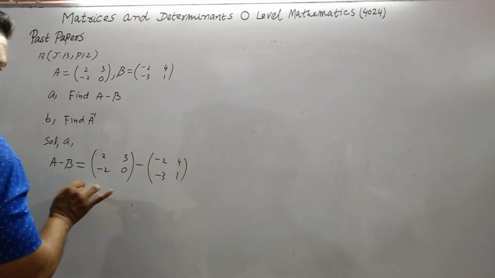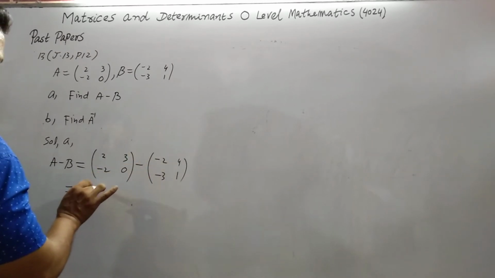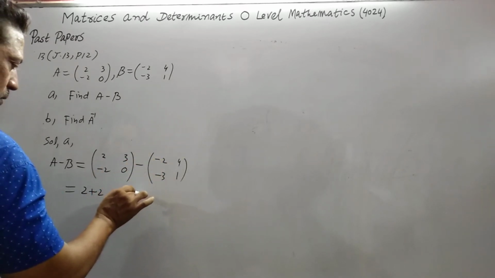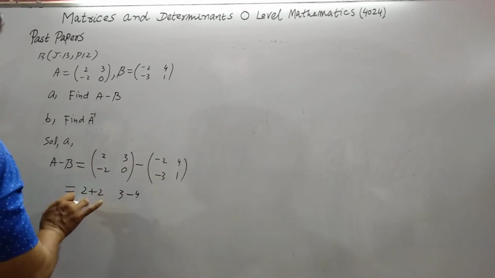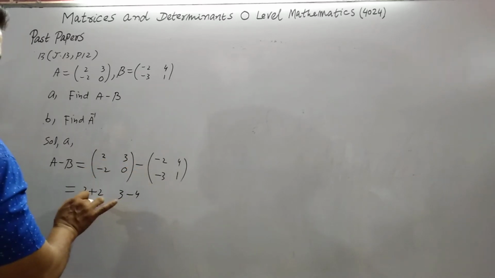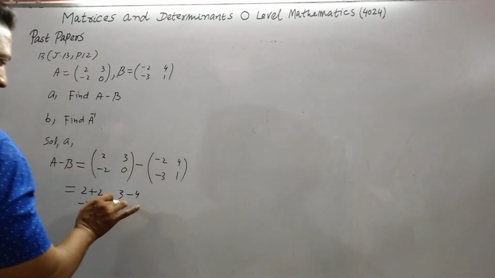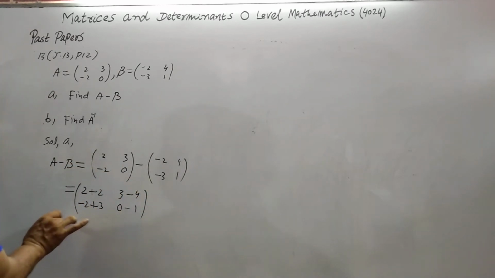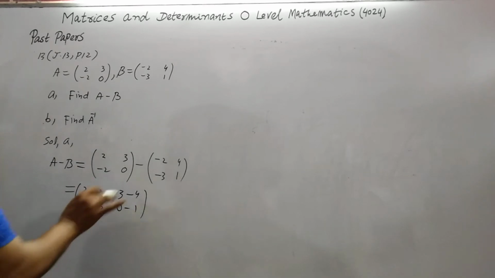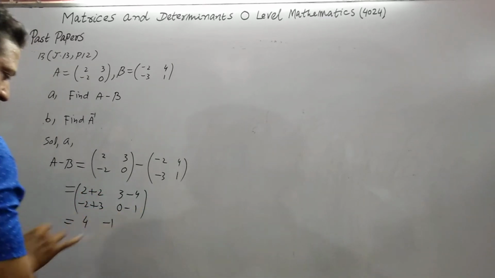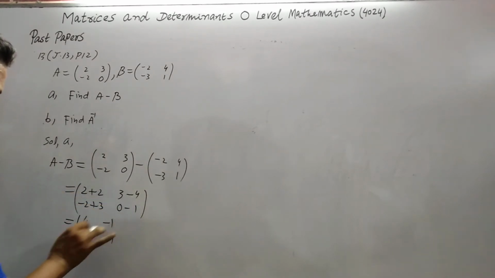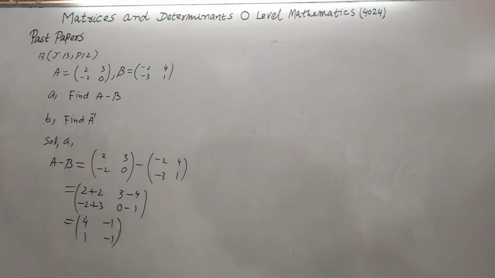So 2 minus minus 2, then 3 minus 4, minus 2 minus minus 3, 0 minus 1. Final answer is 2 plus 2 is 4, 3 minus 4 is minus 1, minus 2 plus 3 is 1, and 0 minus 1 is minus 1. This is the answer of part A.